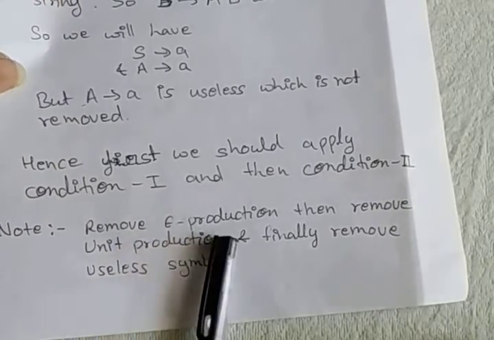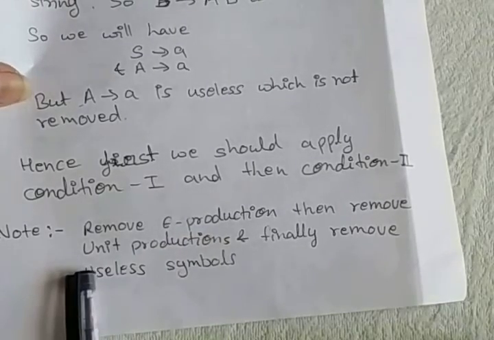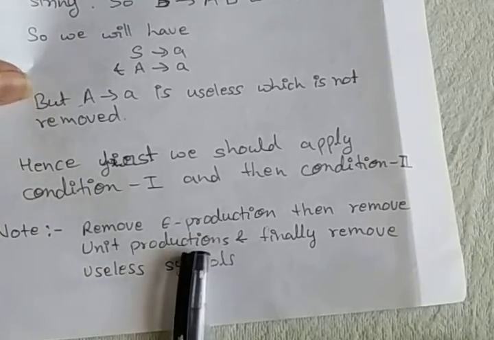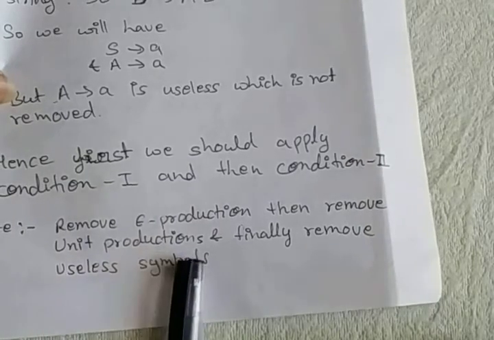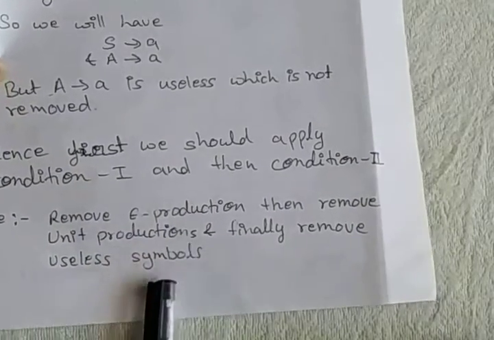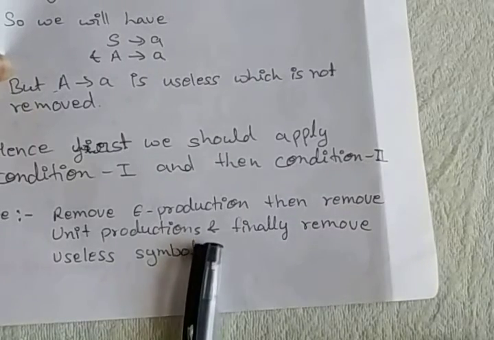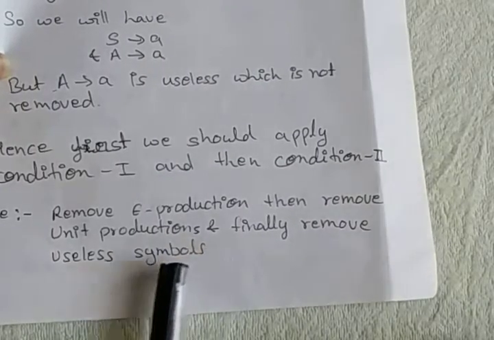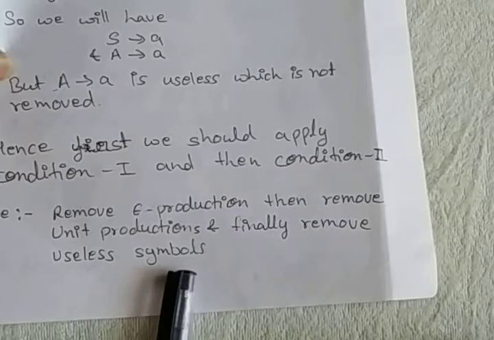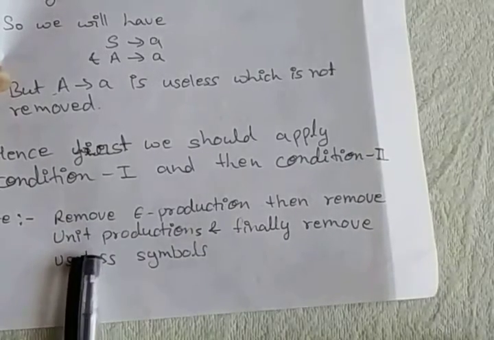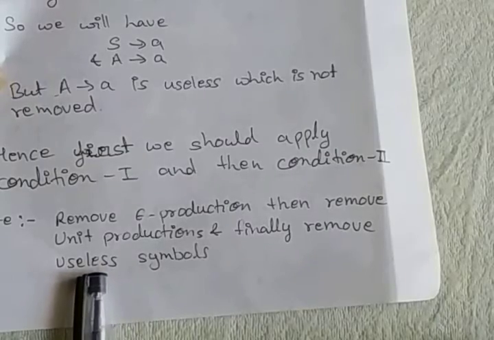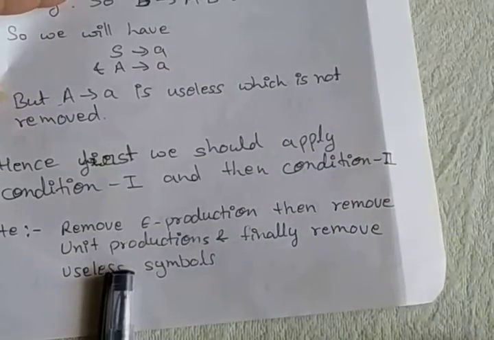Second, we should remove unit productions, because when we remove unit productions, then we may produce some useless symbols. Okay, and finally we should remove useless symbols. See, if we change the order of this sequence, then also we will not be able to simplify the grammar. Okay, thank you.